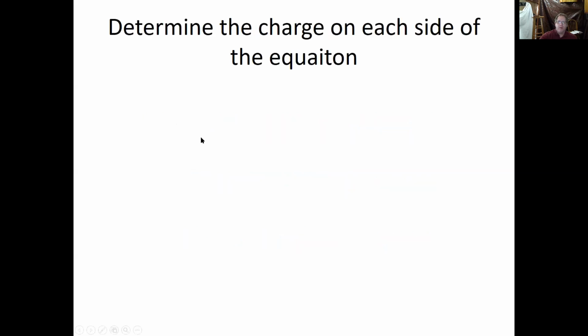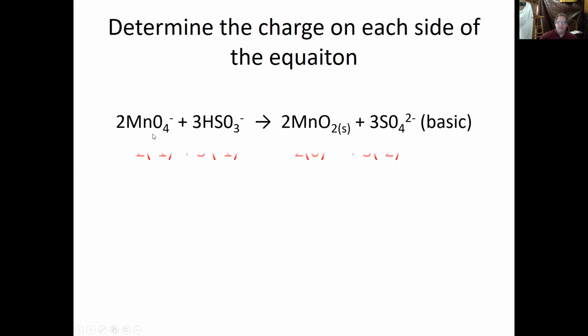Over here, if I look at it, I have 2 permanganates, which have a -1 charge, and 3 bisulfites, which have a -1 charge. This gives me my total of -5 here. And the manganese dioxide doesn't have a charge, so I can take 2 times 0, I still get 0. And I have 3 sulfates.